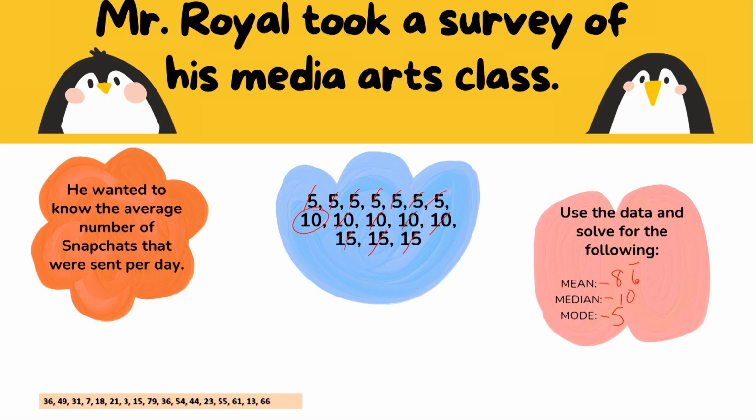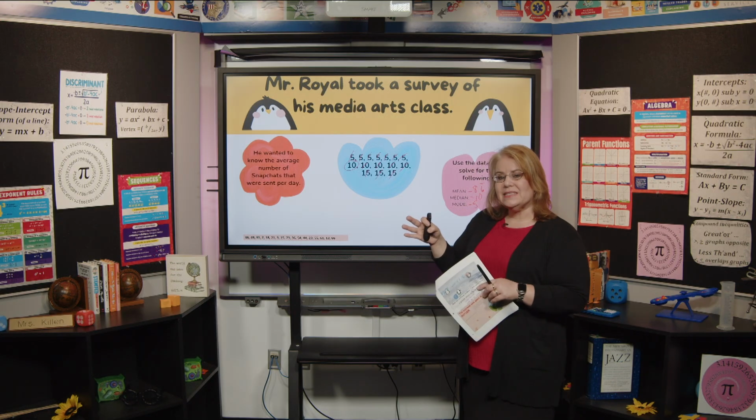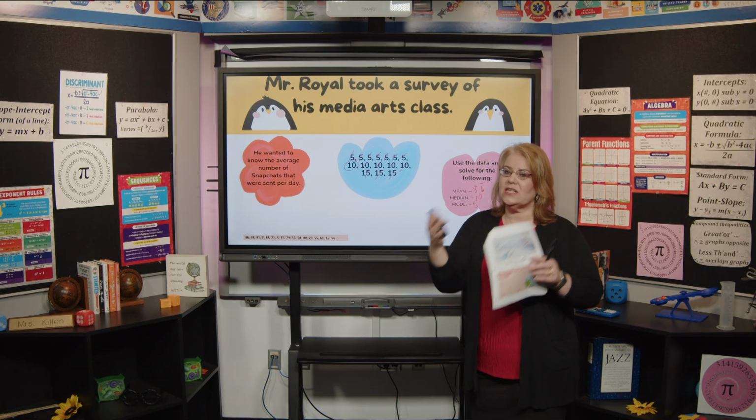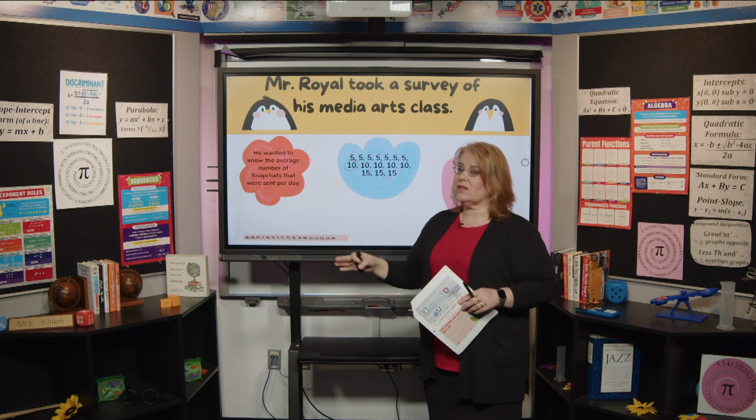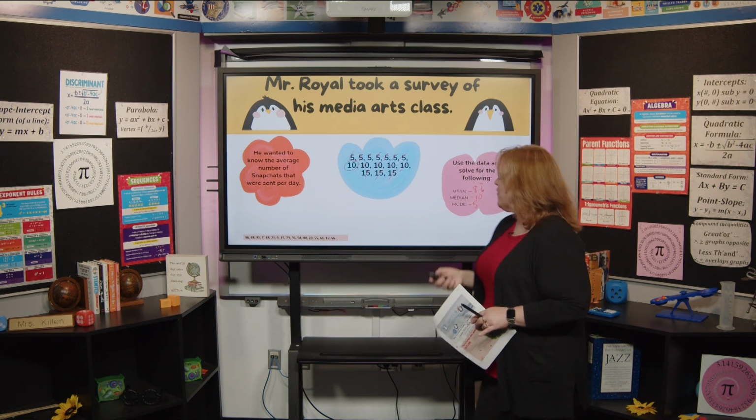Some of our data that we will be given, it'll be easy to look at it and pull the information. Sometimes, like these numbers down here in the pink, we're going to need to use those calculator skills. So don't be afraid to jump into some of this data and say, hey, I can look at it and see this, or I can look at it and see that. But sometimes you're really going to want to use those calculator skills that we've learned. So don't be afraid to use those.